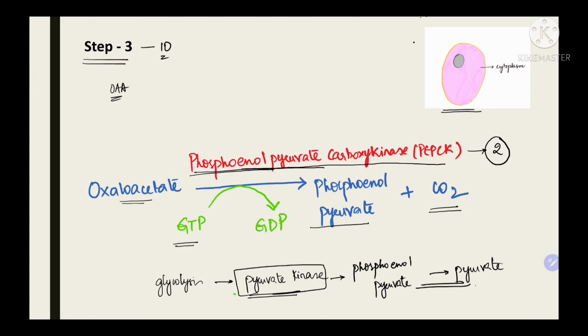Now this reaction is overcome by this reaction in gluconeogenesis. The oxaloacetate gets decarboxylated in the presence of the enzyme phosphoenol pyruvate carboxykinase to form phosphoenol pyruvate, and GTP serves as the phosphate donor.